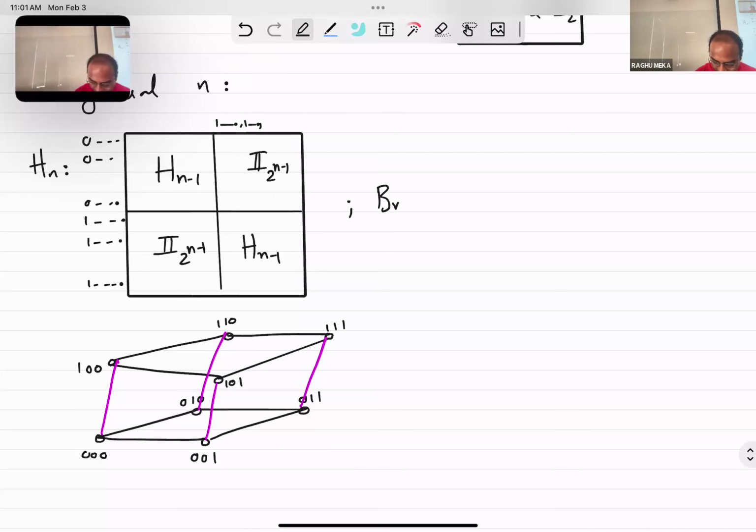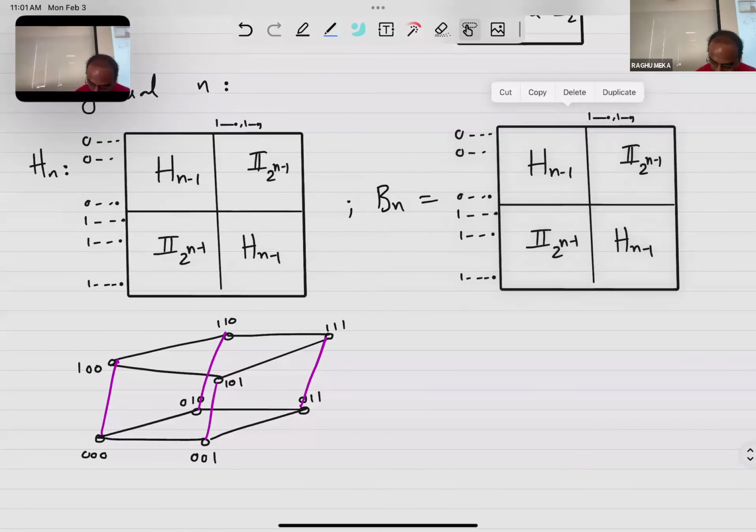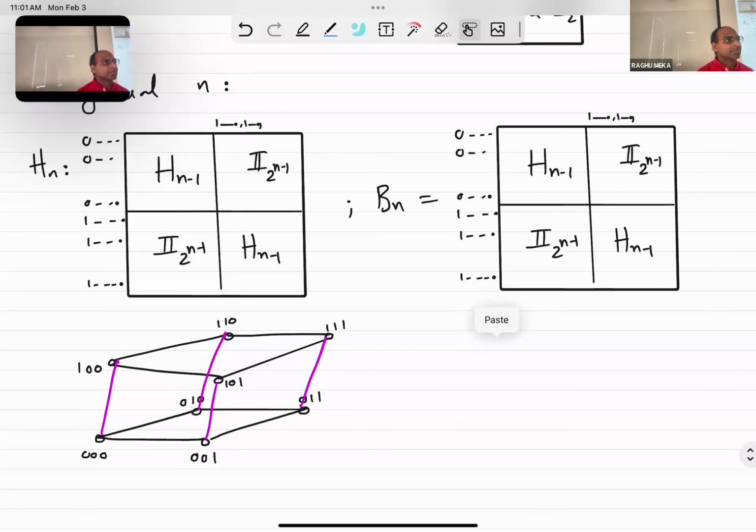So what should Bn be now? We'll make this Bn minus 1, and the other one to be, it doesn't matter which one you mix.